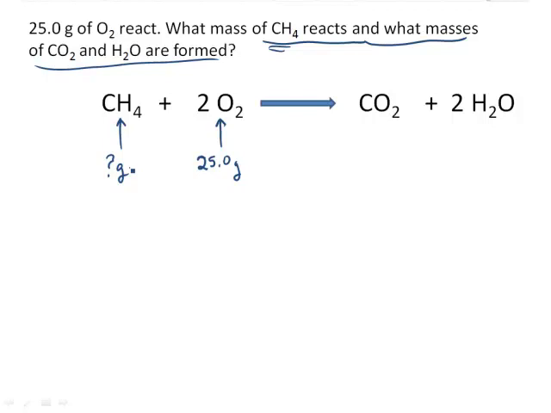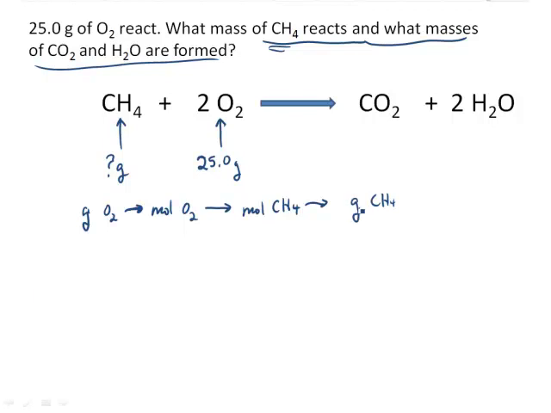So the steps are going to be: grams of O2 will be converted to give us moles of O2. That's the first step. Second step, moles of O2 will be converted to give us moles of CH4. And then the last step, moles of CH4 will be used to give us grams of CH4, which I miswrote.